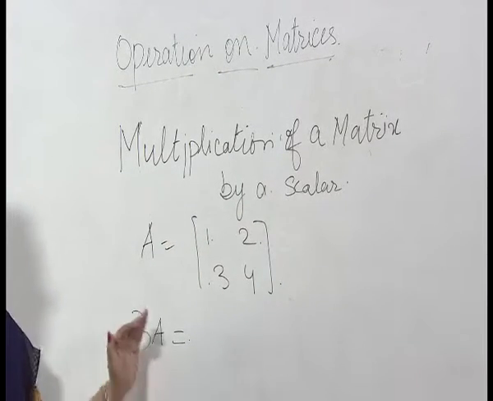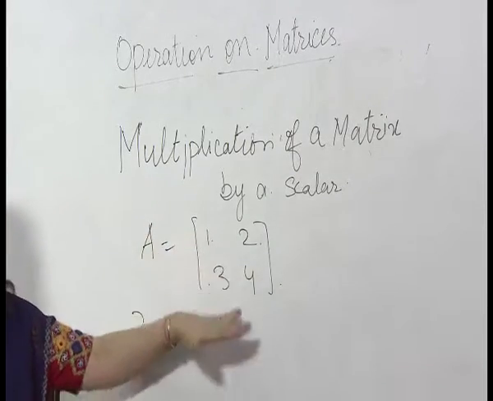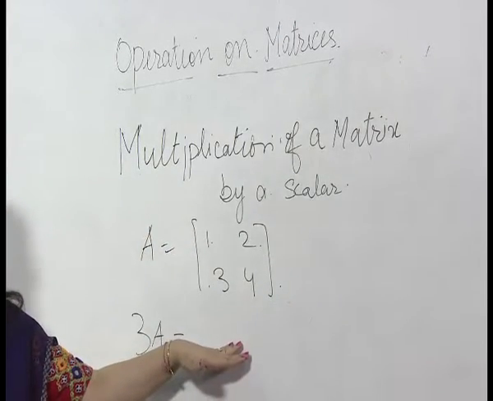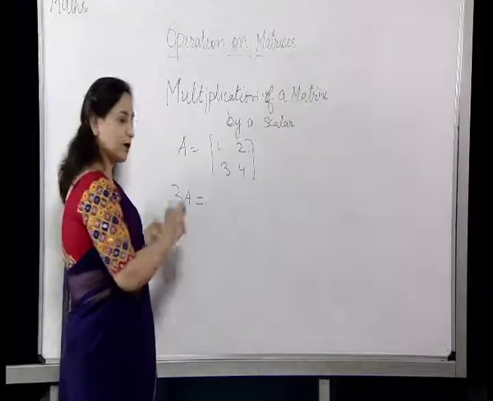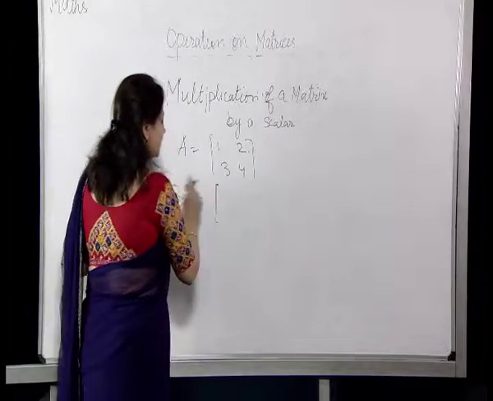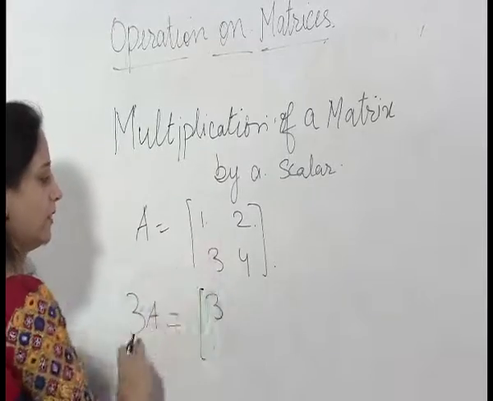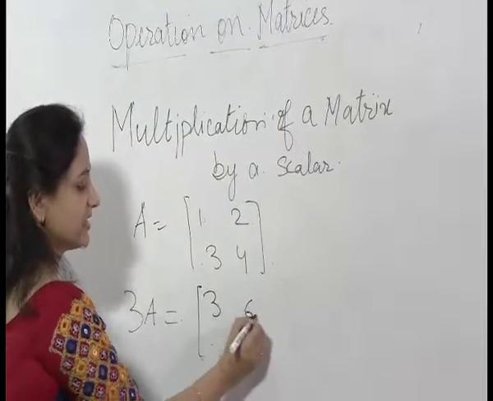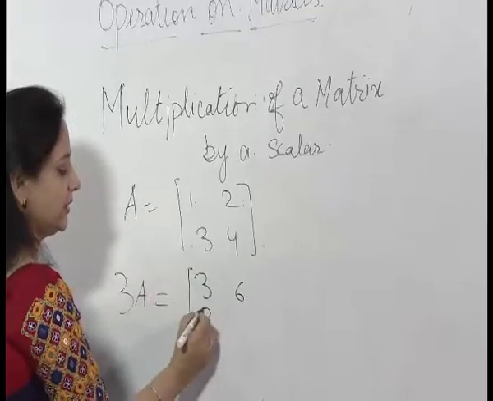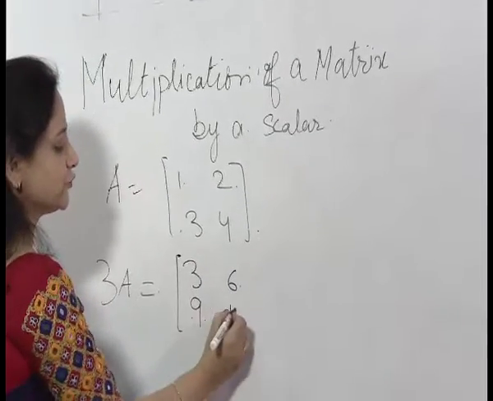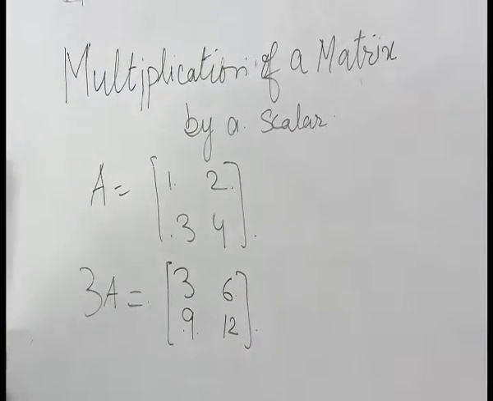So 3A will be, that means you are multiplying every element of the matrix by 3. So what will be the resulting matrix? Resulting matrix will be 3 into 1, 3 into 2, 6, 3 into 3, 9 and 3 into 4, 12. Okay.